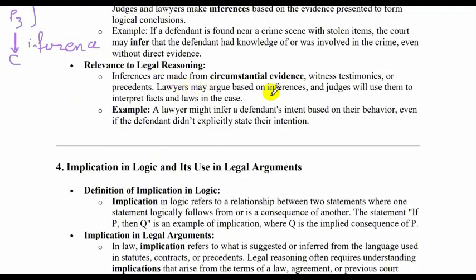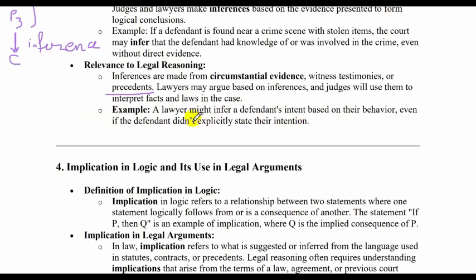Relevance to legal reasoning. Inferences are made from circumstantial evidence, witness testimonies, or precedents. Precedents are previous case laws, previous judgments. Lawyers may argue based on inferences, and judges will use them to interpret facts and laws in the case. Example: a lawyer might infer a defendant's intent based on their behavior, even if the defendant didn't explicitly state their intention.